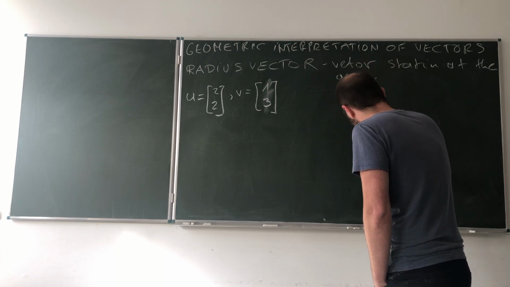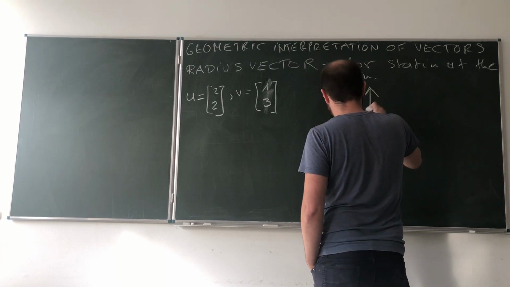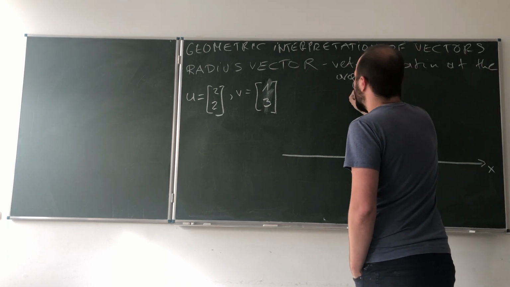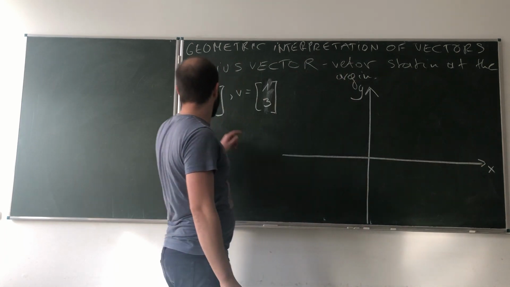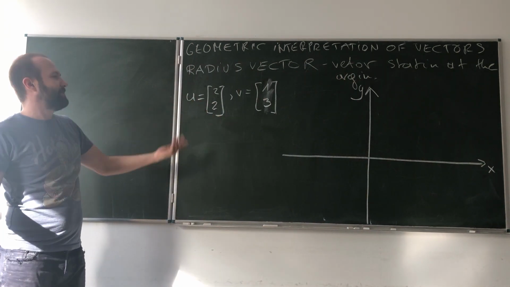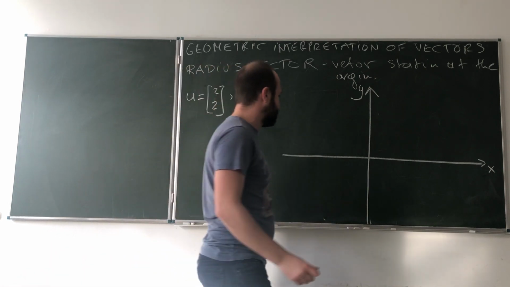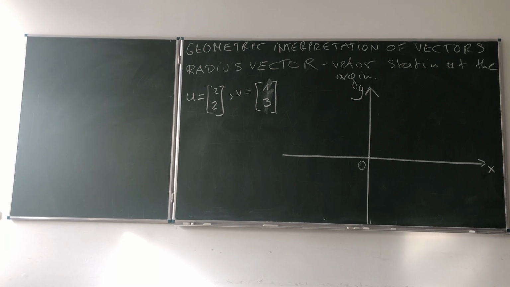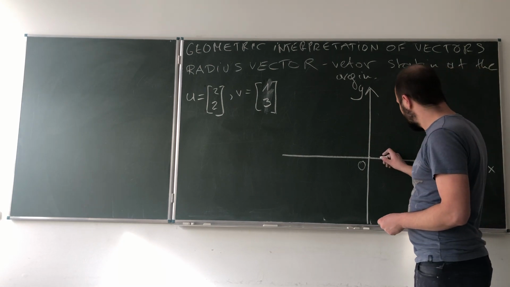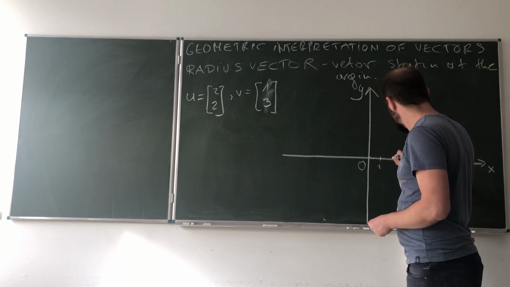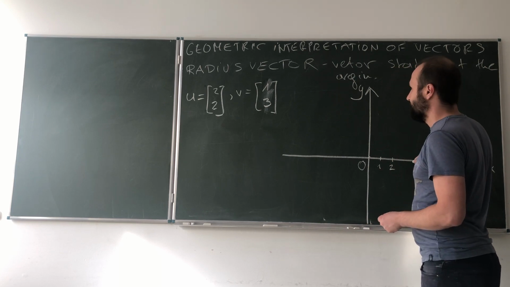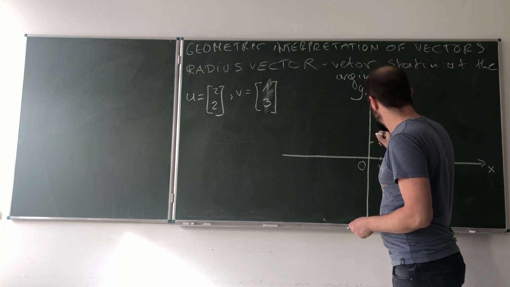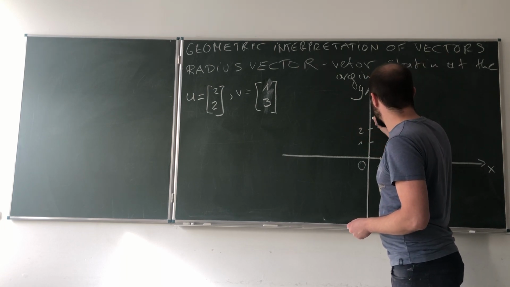Okay, so now, we will treat x as the first coordinate and y as the second coordinate, which is a very rational choice. Of course, here we have the origin, the point where both are zero, then we've got 1, 2, okay, we'll probably need 3 later. We've got 1 and 2 and 3.